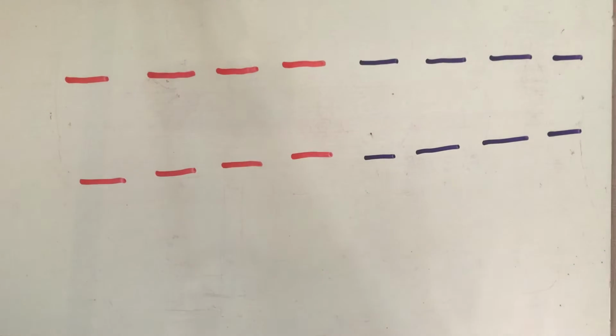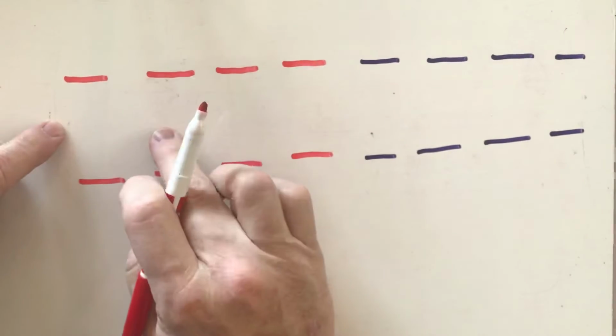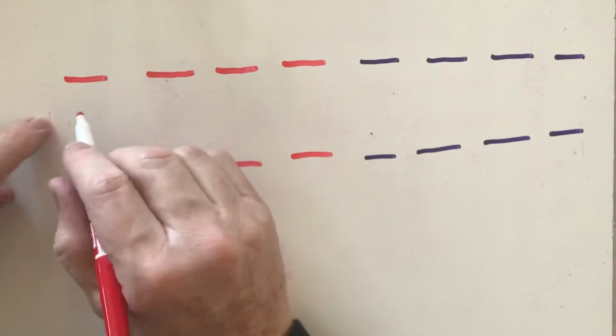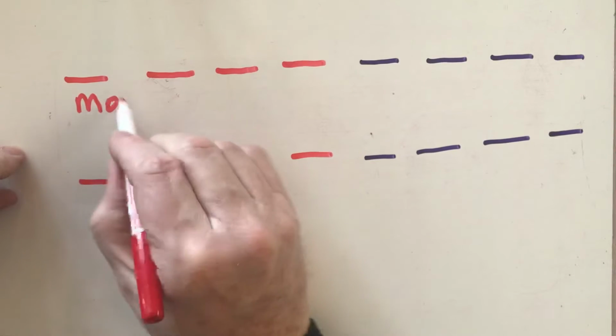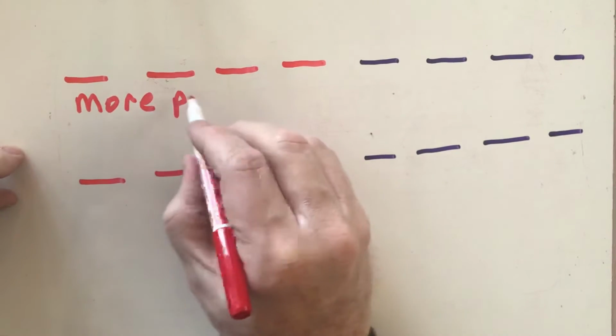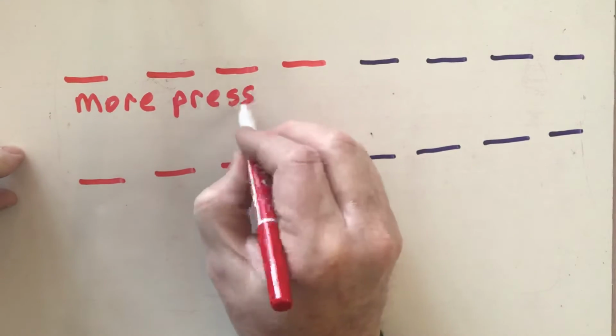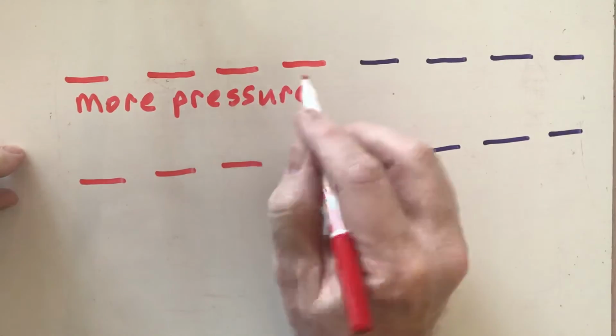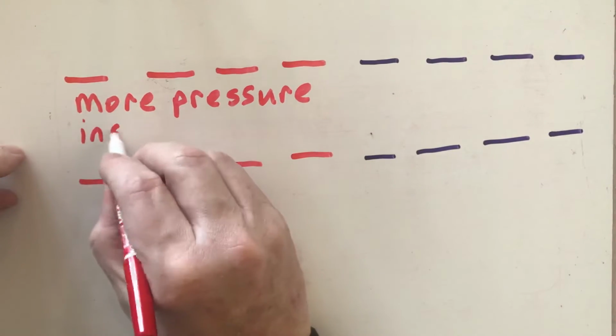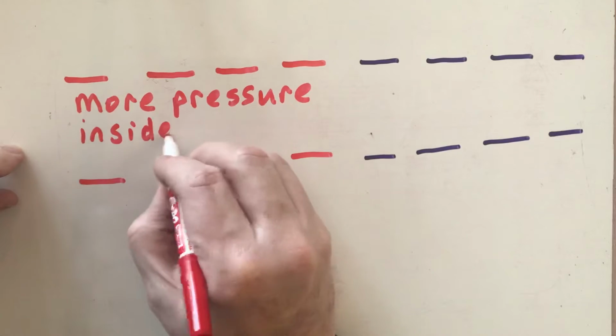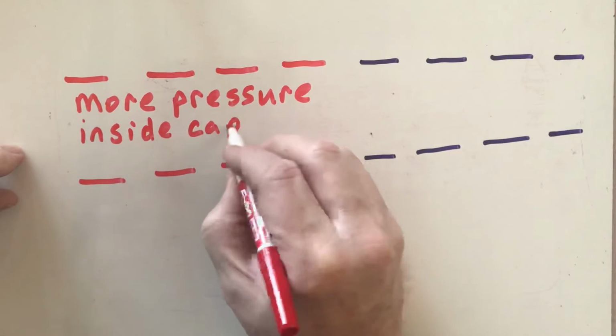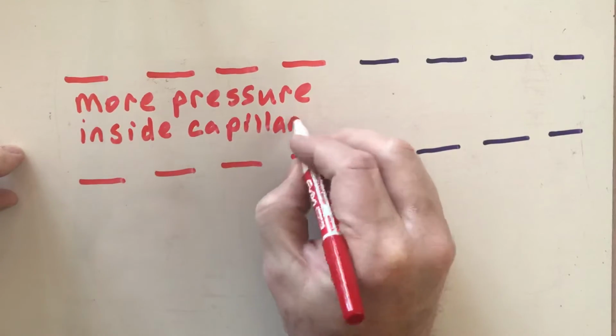So here's the situation: on the arterial side of the artery, there's more pressure inside the capillary than outside.